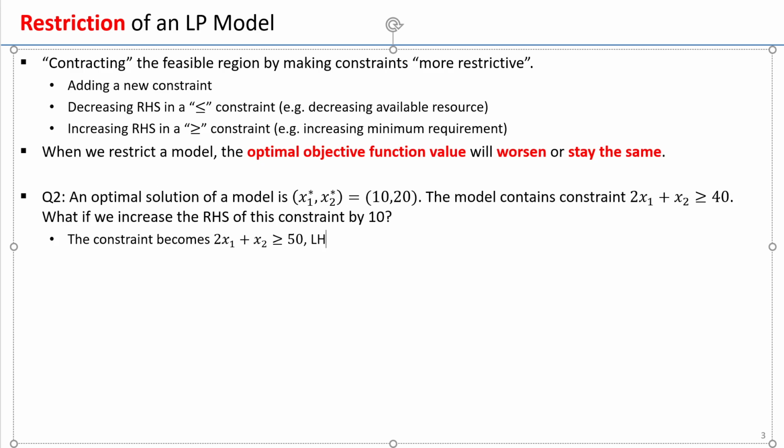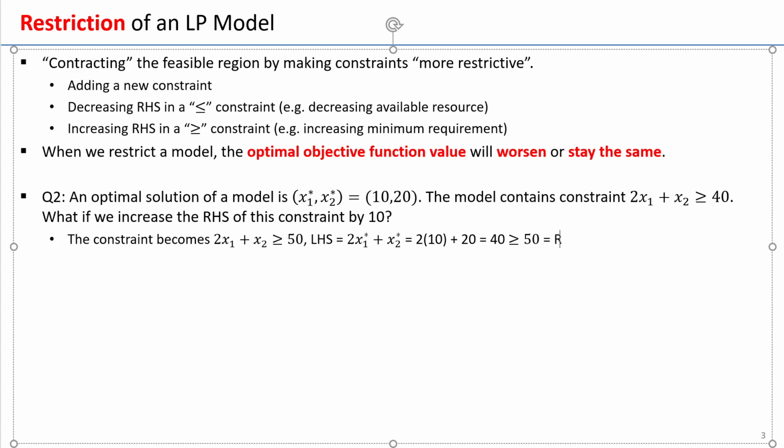Now the left-hand side at the optimal solution, when we plug in the optimal solution, becomes 2 times 10 plus 20 equals 40. And we would like this to be greater than or equal to 50, which is the right-hand side.